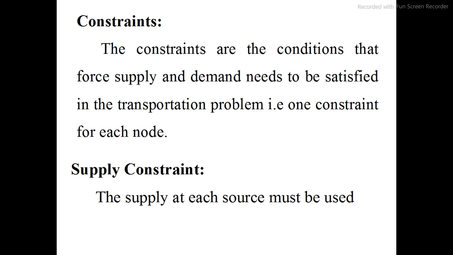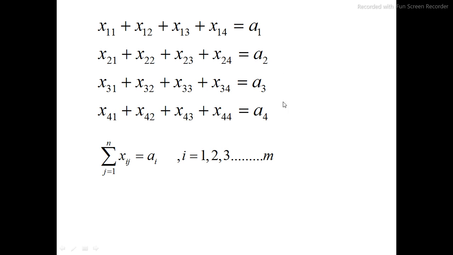First, the supply constraint. This is my supply constraint. How has it been created? x11 plus x12 plus x13 plus x14 should be equal to A1. What is this A1? This is the total supply I have with the source S1.